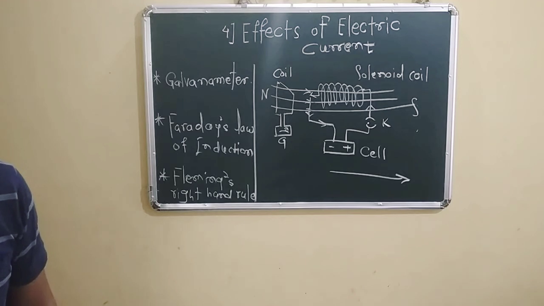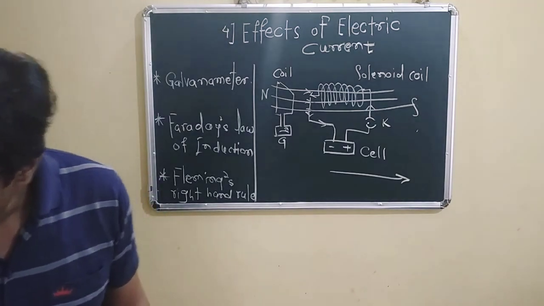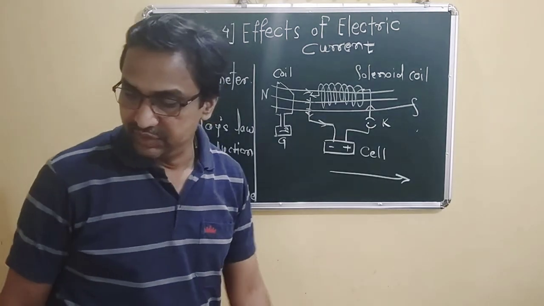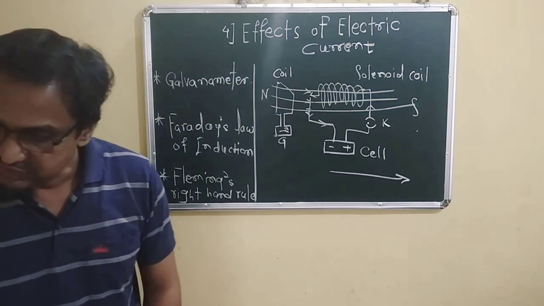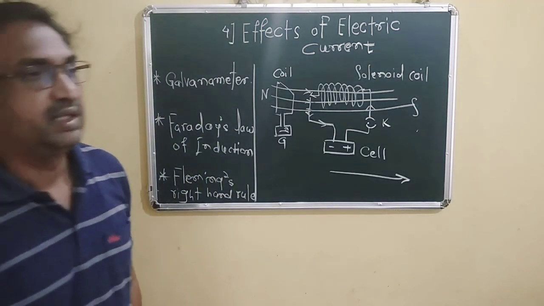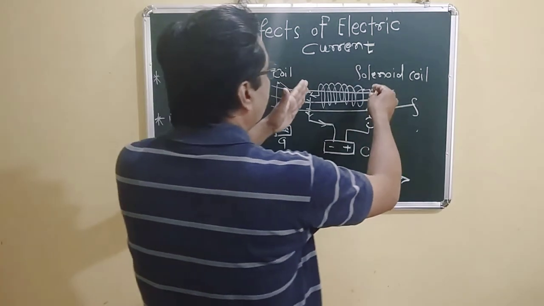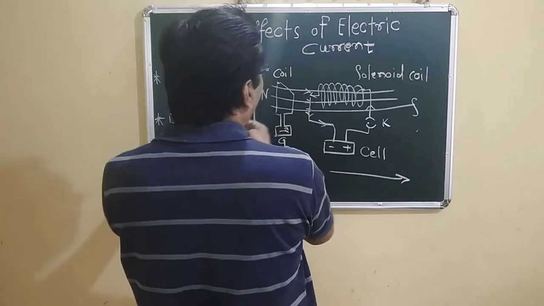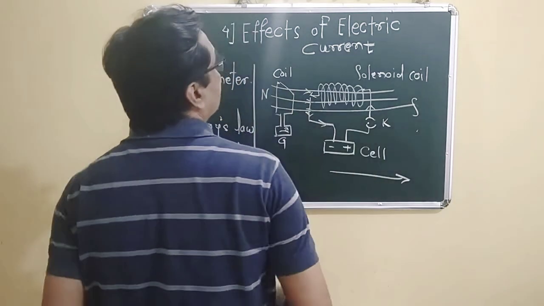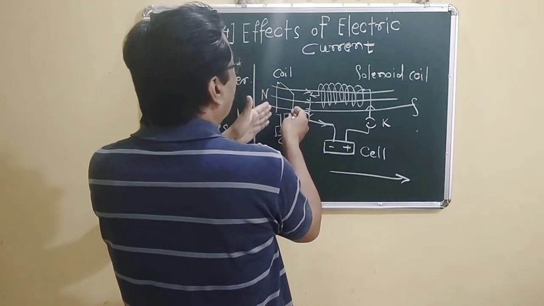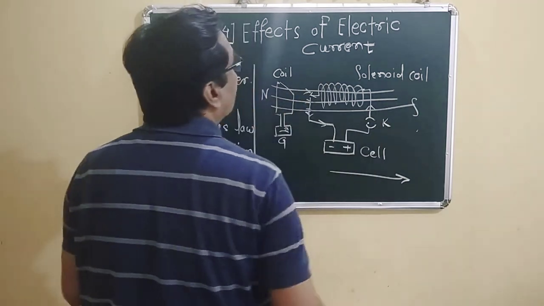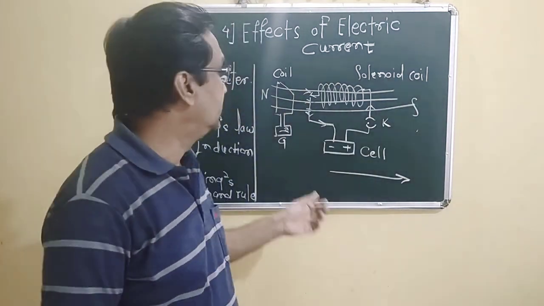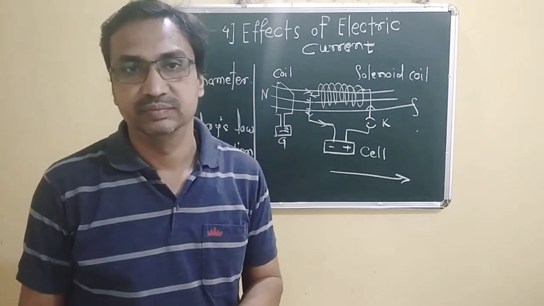But before that, once again, there is another one on page number 58. We can see on page number 58, by keeping this instrument as it is, if we displace this coil from the solenoid, if we carry this coil away from the solenoid coil, we also experience that there is a deflection in the galvanometer.